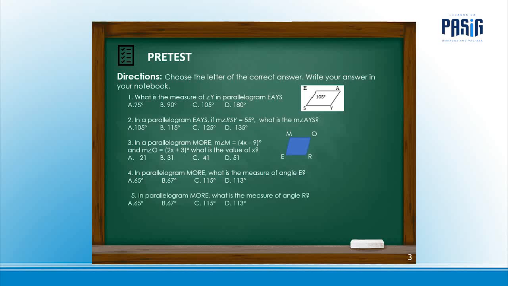Number 5. In parallelogram MORE, what is the measure of angle R? A. 65 degrees. B. 67 degrees. C. 115 degrees. D. 113 degrees. Your timer starts now.